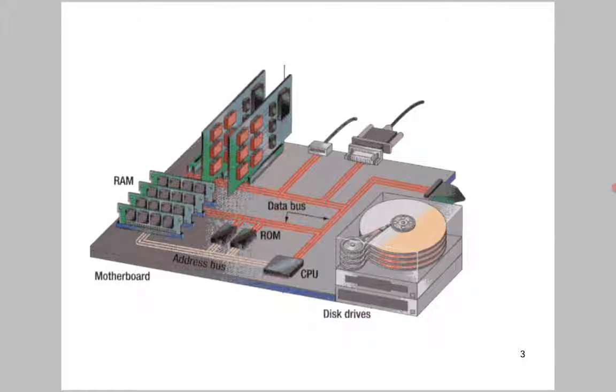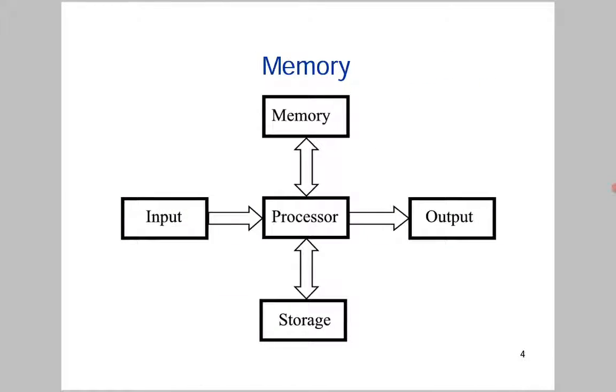This is the diagram of a basic motherboard with various components like RAMs, buses, ROMs, CPU, hard disks. So this shows how the RAM is connected inside a computer. Generally this is the interconnection of various components of a computer: processor, memory, output, input and storage units.